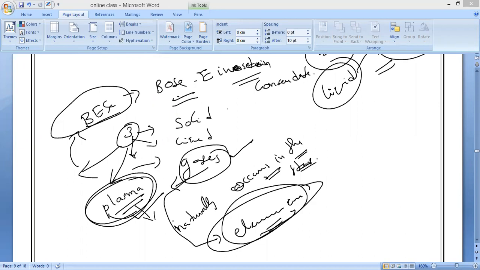That is what we can call a discharge tube, that is, a fluorescent tube.